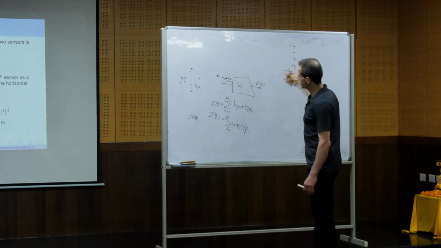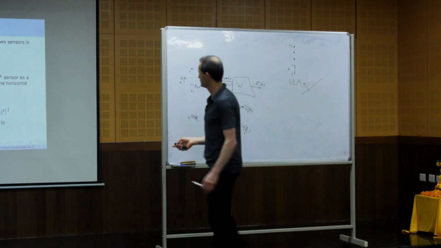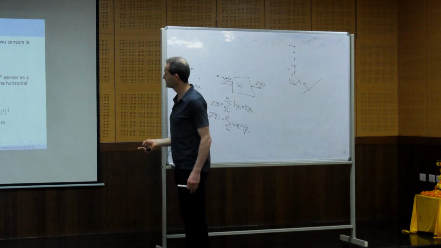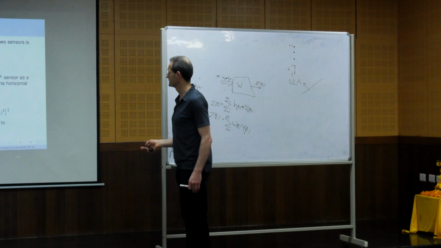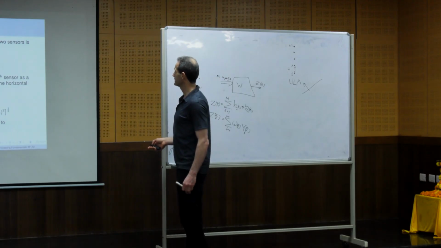And then we take into account the direction, okay, for the plane wave. But for a spherical wave, this is the distance between two sensors. See? So the distance between two sensors is like this.